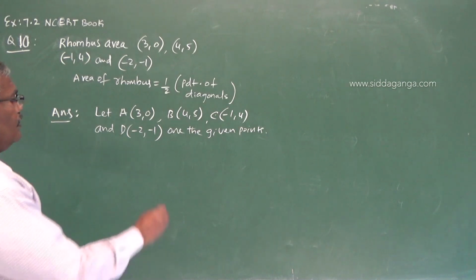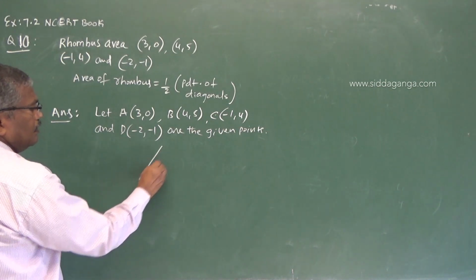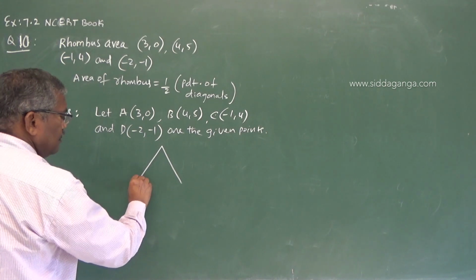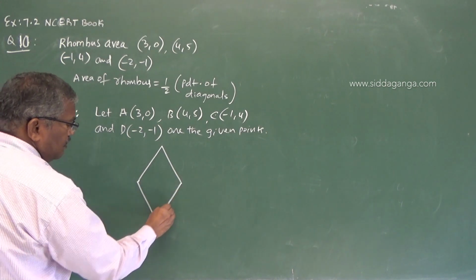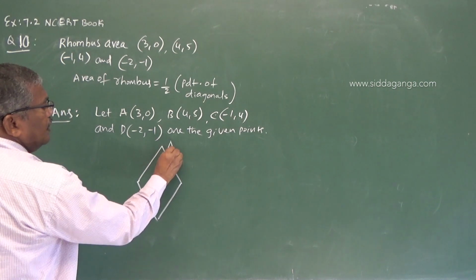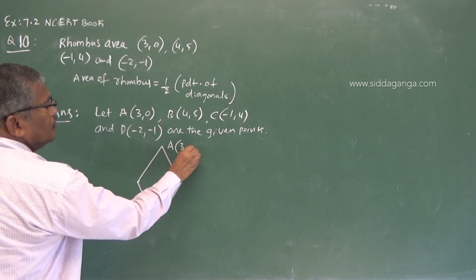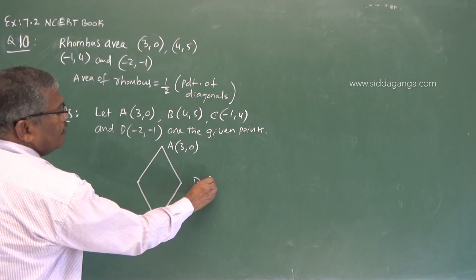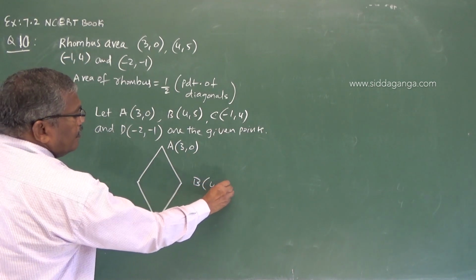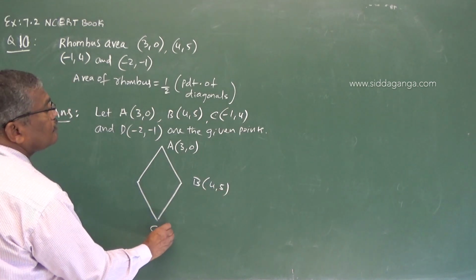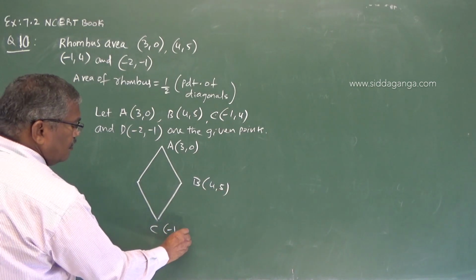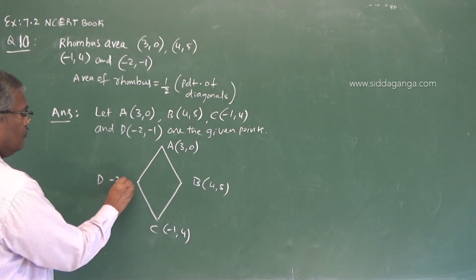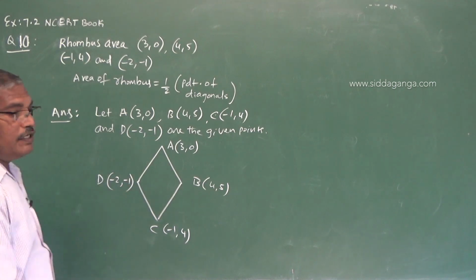So now a rhombus will be of this shape. You have studied in your previous class. So say this is the rhombus. This is A (3, 0), this is B (4, 5), this is C (-1, 4), and D (-2, -1).